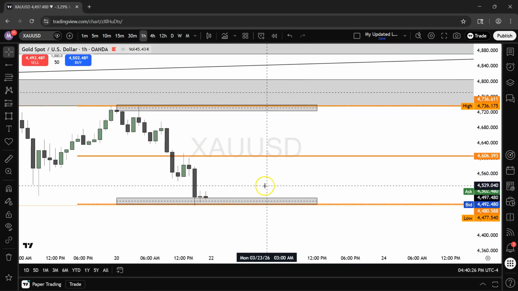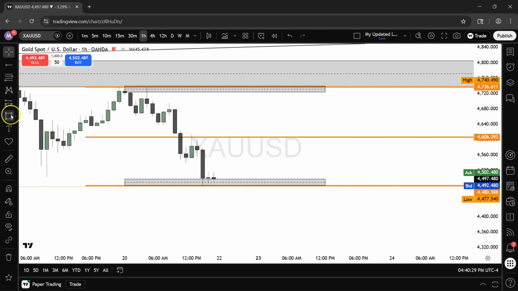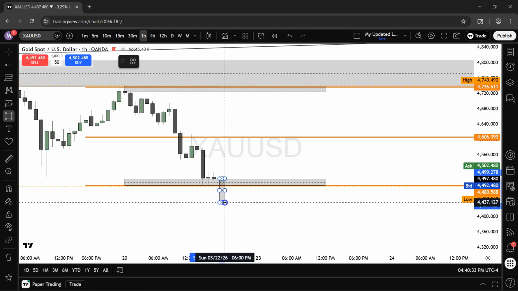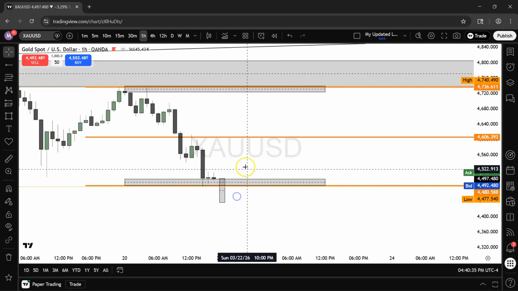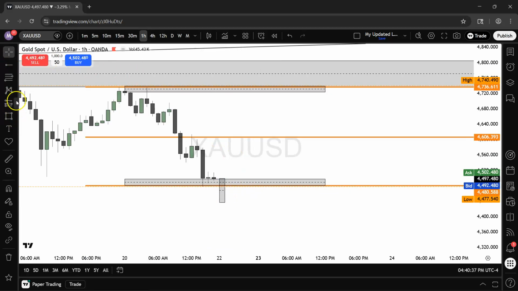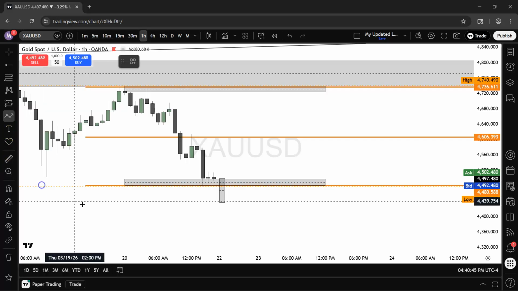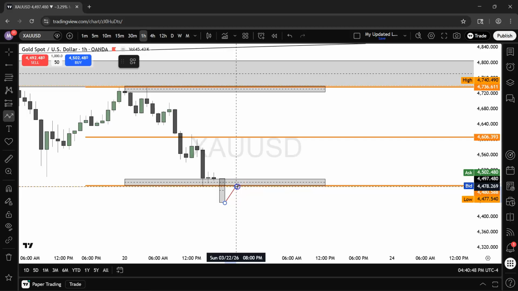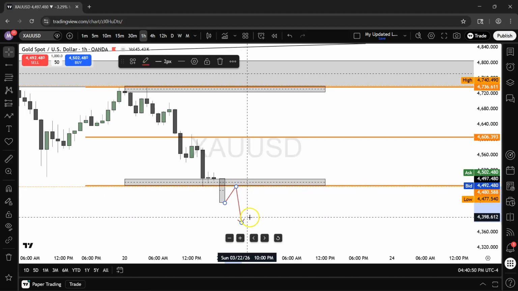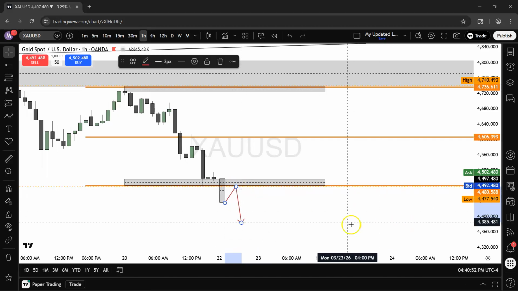And come Monday, what am I looking for, class? I'm looking for a candle to break below the low. Then a pullback. Looking for a pullback and then a continuation. First scenario.